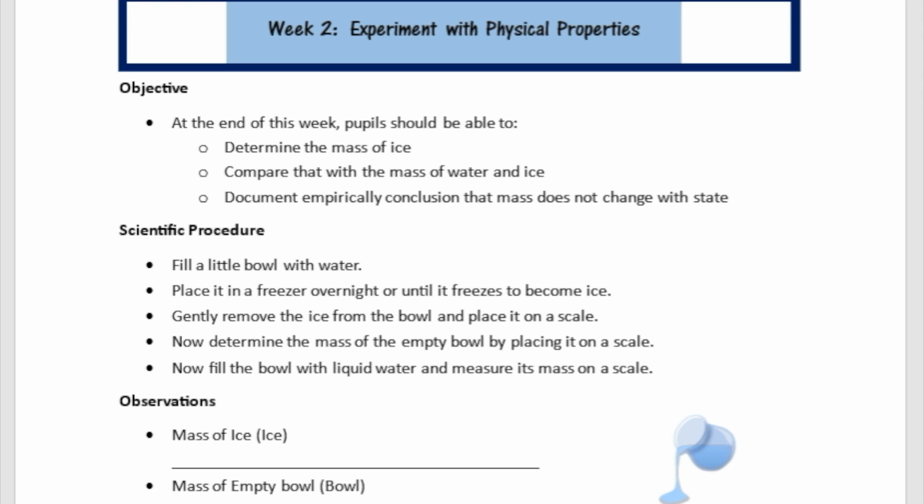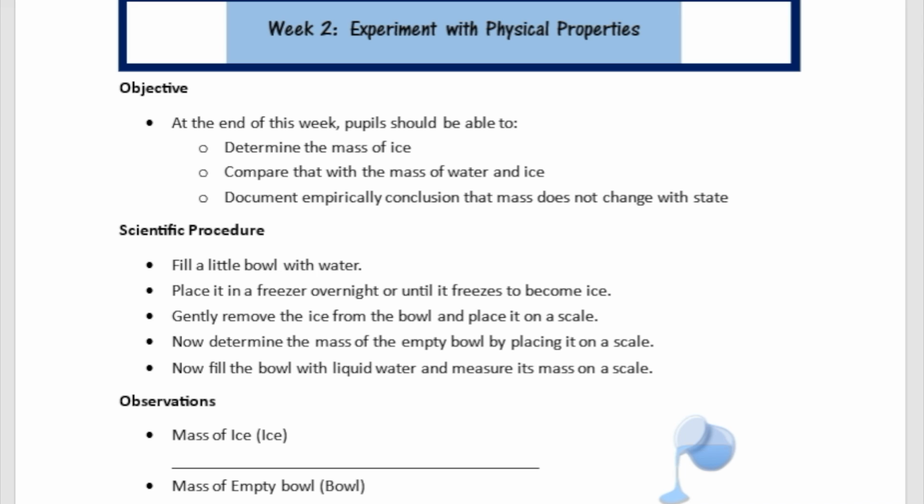Your conclusion is going to be that the mass of water is the same as the mass of ice. Therefore, the mass of matter does not change with its state. So that's a pretty cool experiment you can do to validate that conclusion.